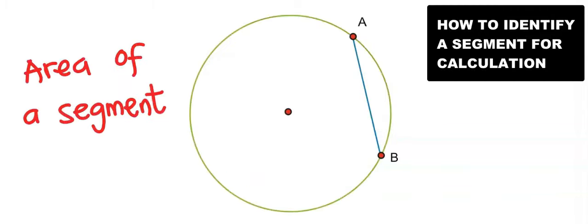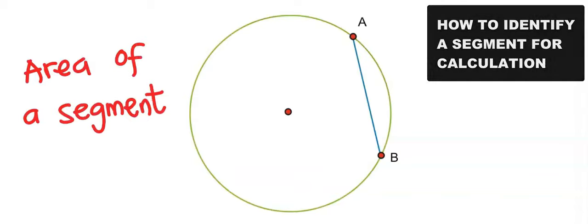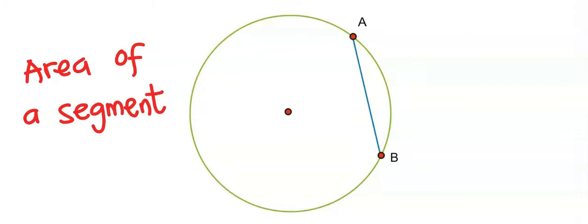Next, to find the area of a segment, we are going to extend this line from point A to the center of the circle, and also from point B to the center of the circle. Next, we must identify the angle at the center.